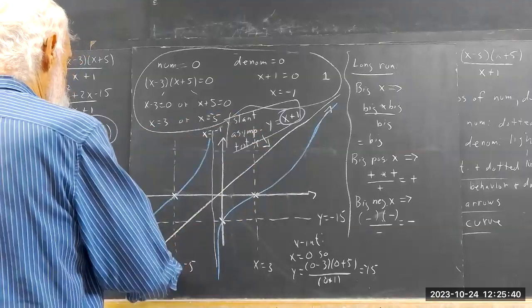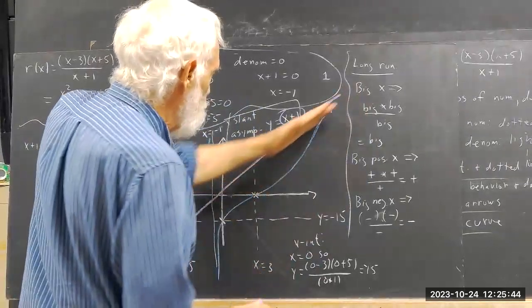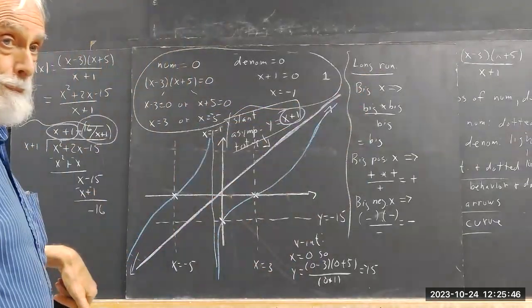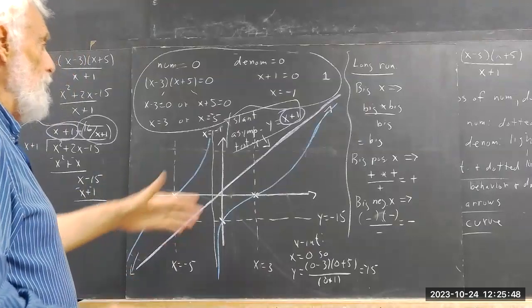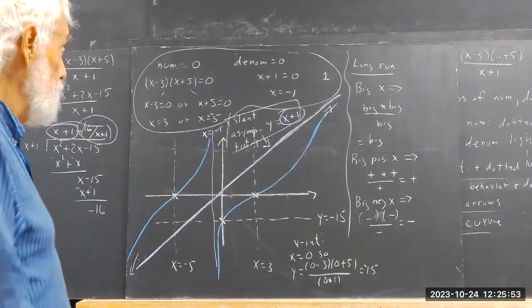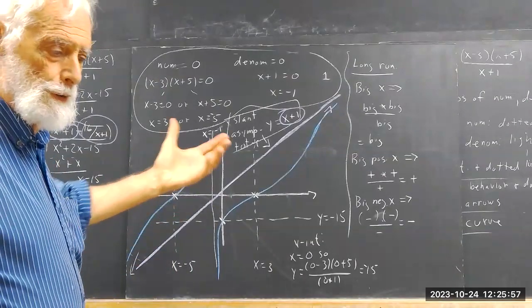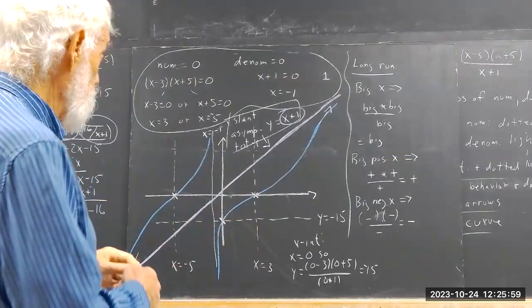Okay, so this thing here is your slant asymptote. So the graph has to approach this on both sides. I didn't draw it quite that way because I sketched the graph before I did the slant asymptote. Partly because I wasn't sure I was going to get time to do the slant asymptote.